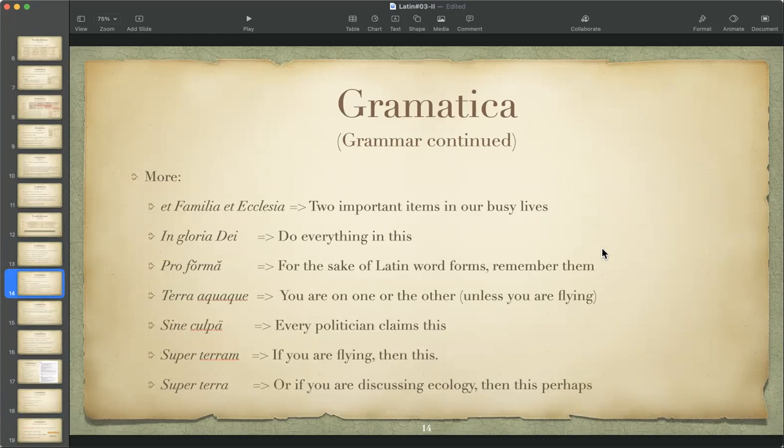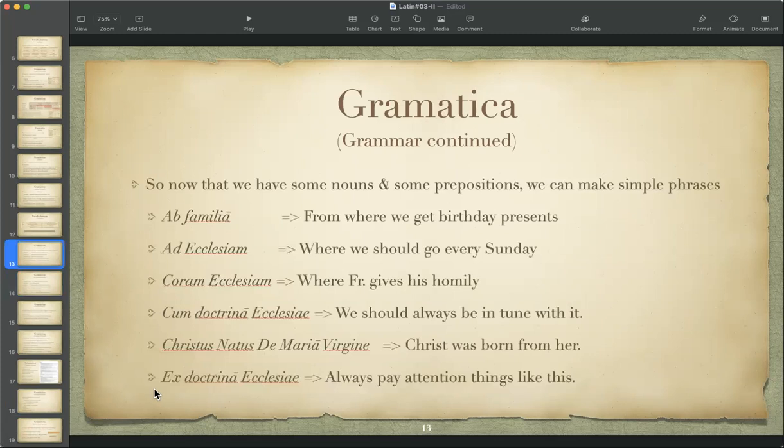Michael, could I ask you just a quick question about the last slide? Sure. Could you also say a doctrina ecclesiae? I know you said that you rarely see the a, but if I recall what you said, that you can't use a before... No, okay.